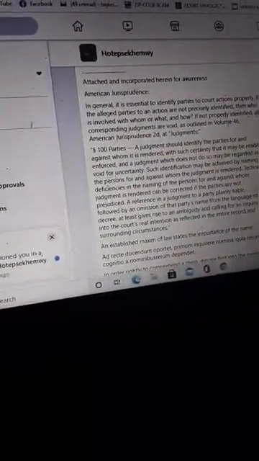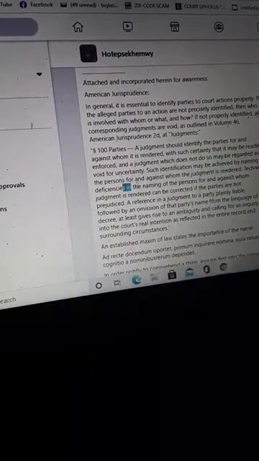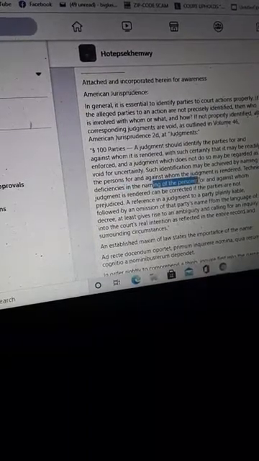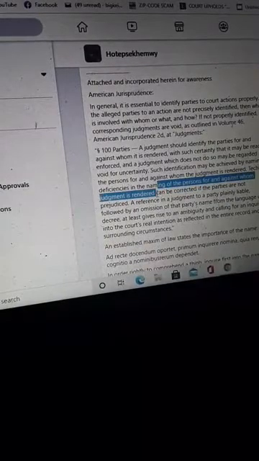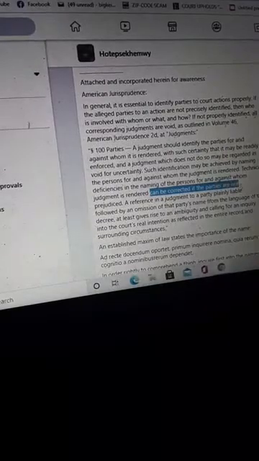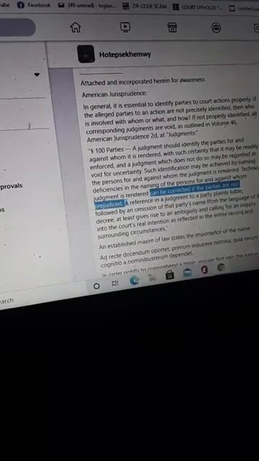Technical deficiencies in the naming of the person for and against whom judgment is rendered can be corrected if the parties are not prejudiced.